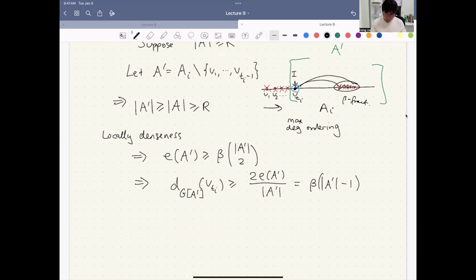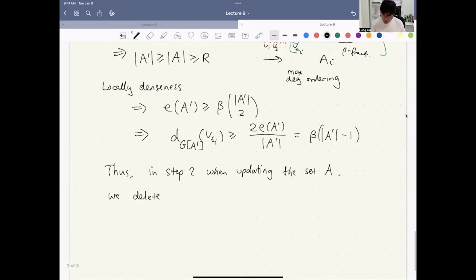So what that means, thus, in step I, when updating the set A, we delete at least how many vertices?